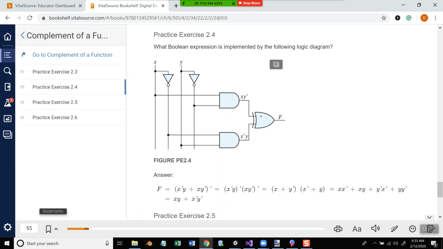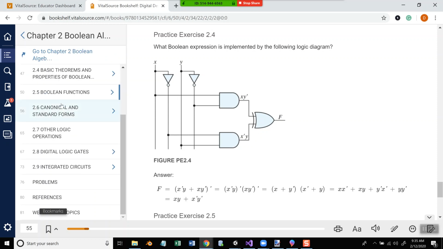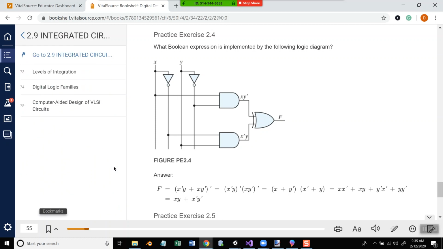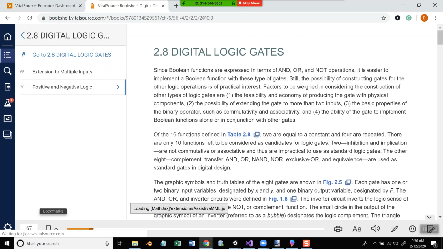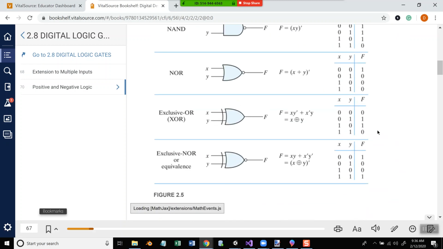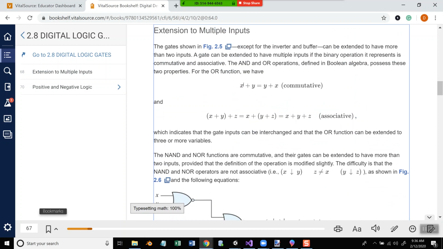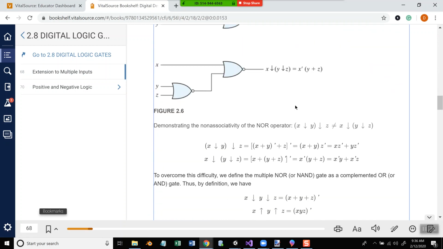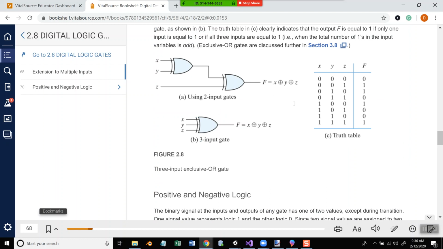Then at that point, we got this right here. And again, they're kind of covering something before they really talk about it in the book. Here's our exclusive OR.